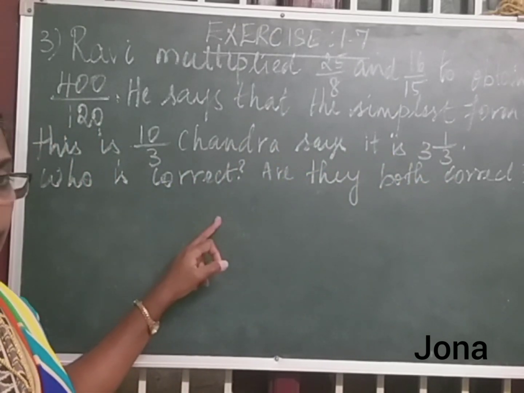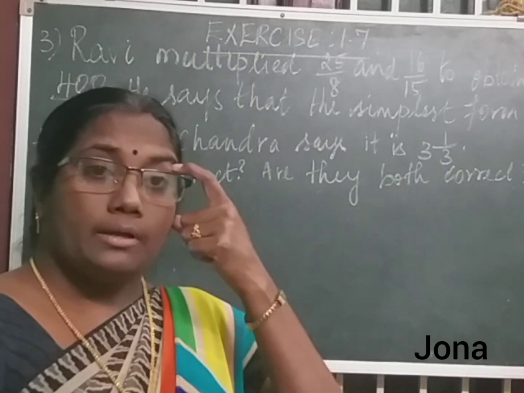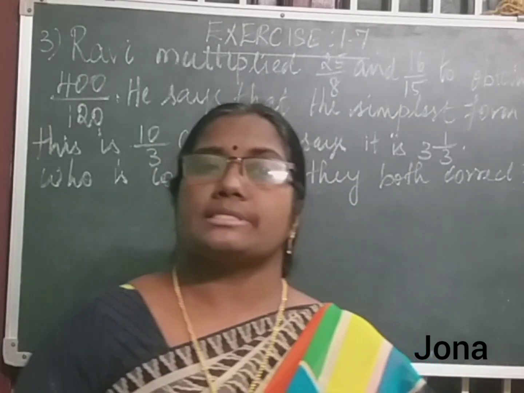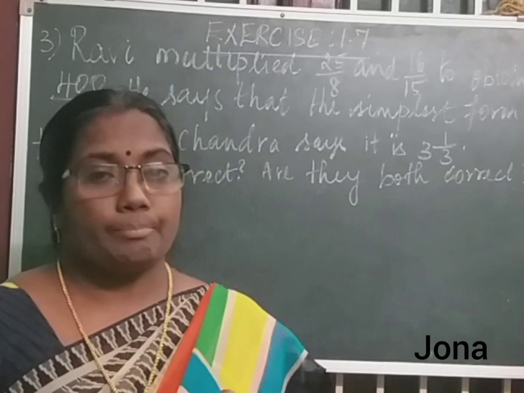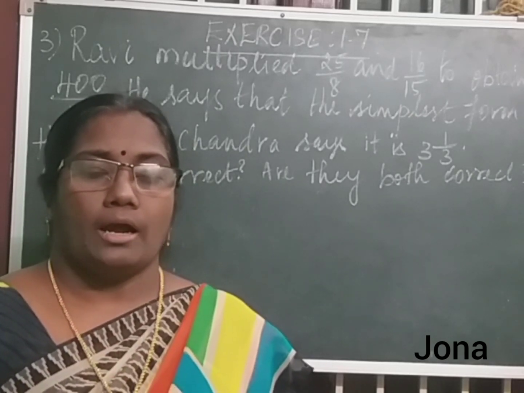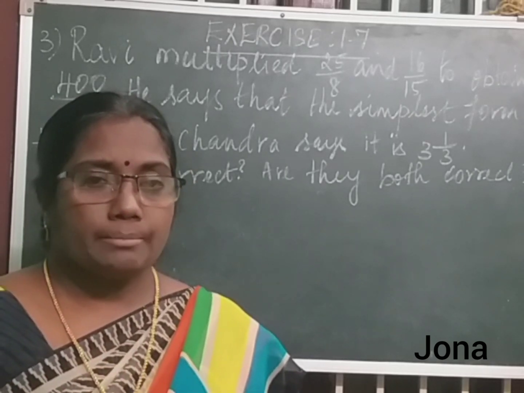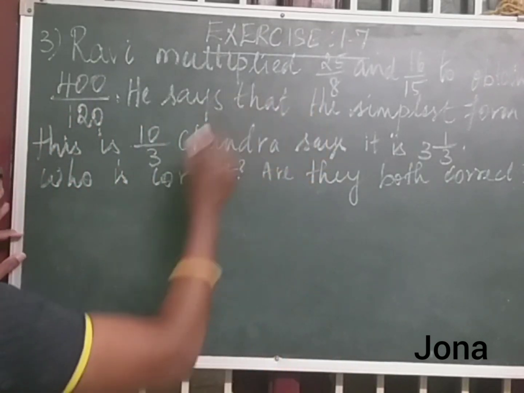Who is correct? Are they both correct? Here in this problem, we want to do 4 steps. First, we find the product, then we simplify, and then we see whether both are equal or not. Let me see the product first.